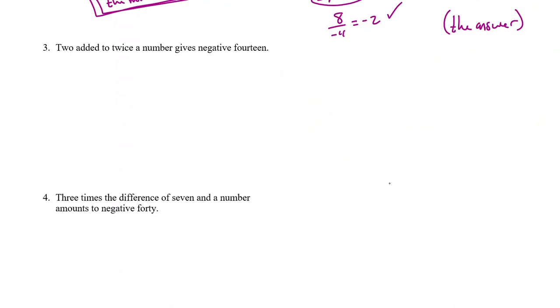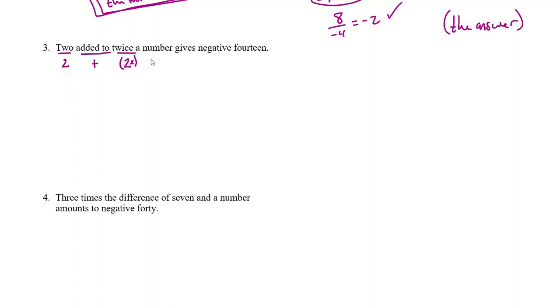Okay, we're going to come back to those sum, difference, product, and quotients in a little bit. But let's keep on doing our translations here. 2, that's easy. Added to, plus. Twice, what's that mean? Twice means 2 times. 2 times what?